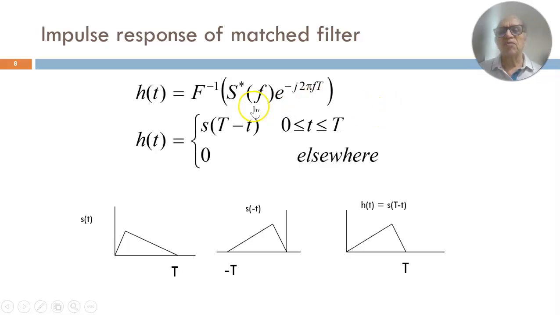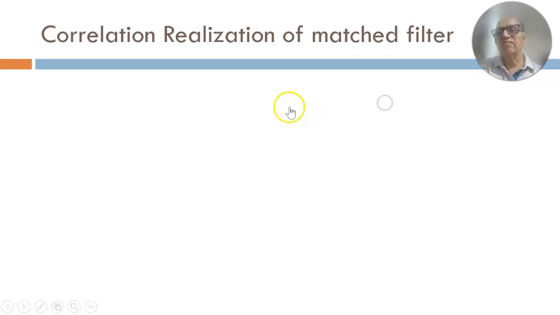Understand, once you obtain the expression for H(f), this is the expression, but you still have to design it. So that filter can be designed in the frequency domain. However, there is an equivalent way of designing this filter by looking at the time domain. That is where the impulse response comes in. So we'll look at this derivation that we call the correlation realization of the matched filter.